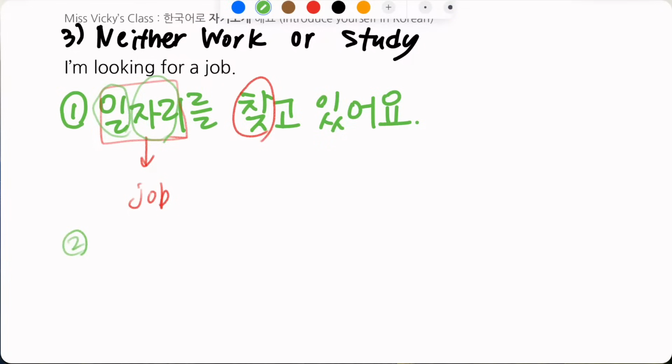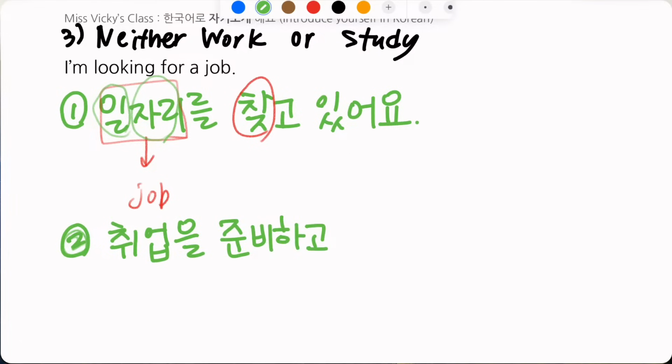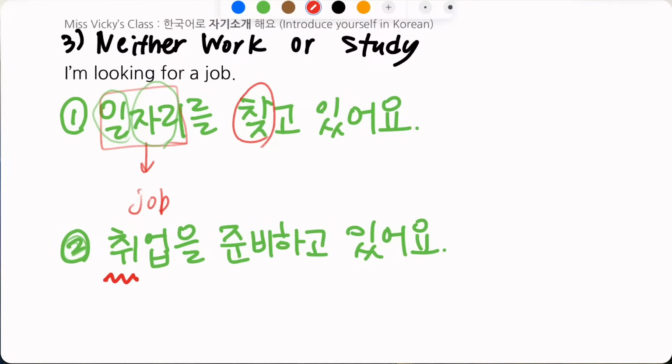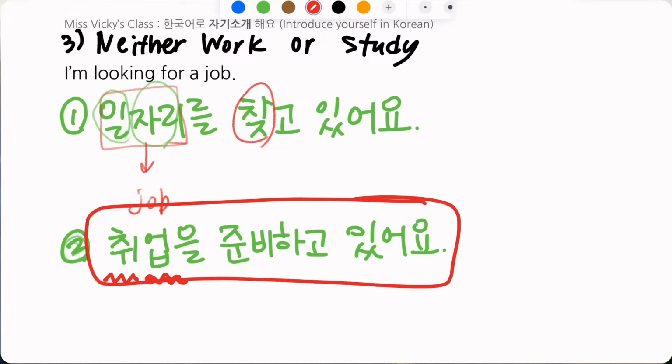그 다음에 you could also say 취업을 준비하고 있어요. 취업은요. 취업 means you achieve a 직업. You achieve a job. So you land a job, you land a profession. 그래서 취업을 준비하고 있어요. Sounds more like a serious job, whereas 일자리 could mean any job.